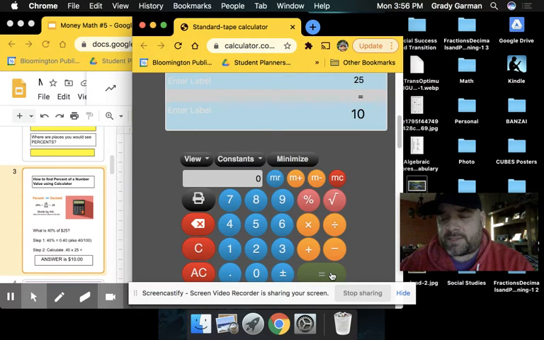And I get the same answer, 10. So those are 2 ways to get the percentage of a number. So $10 is 40% of $25. That is the main math you're going to have to do for this, entering and finding percentages for a given dollar amount.